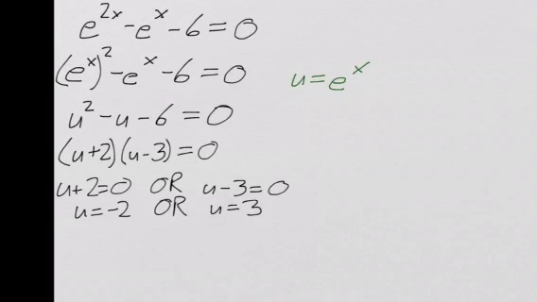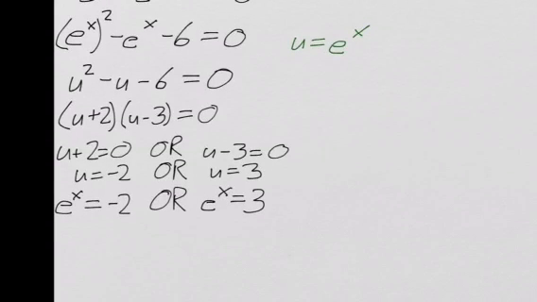And now we'll go ahead and back sub e to the x. So we have e to the x equals negative 2, or e to the x equals 3. Now we know e to the x can't be a negative number, so forget that one, it's not possible. So we'll work with this e to the x equals 3.